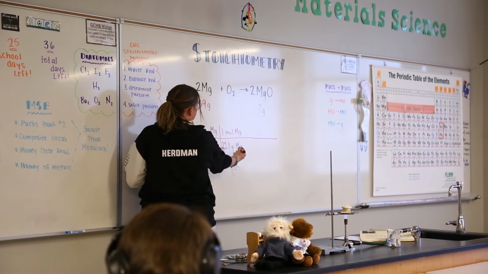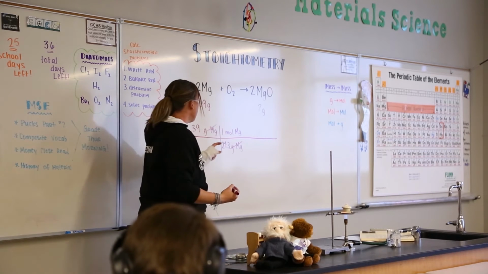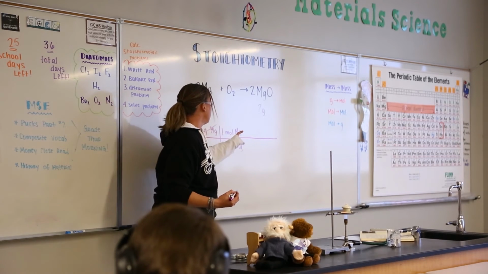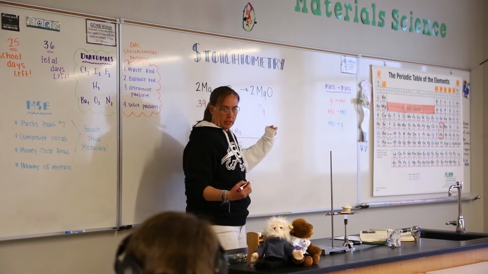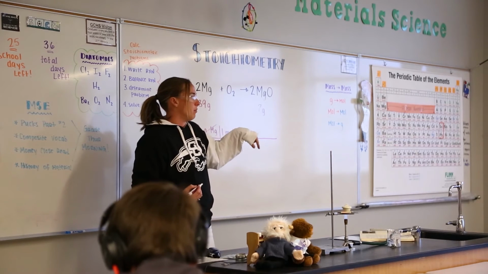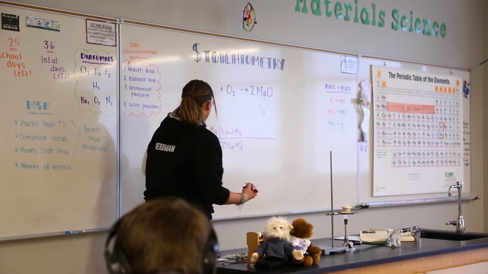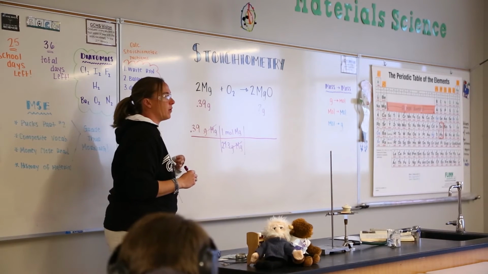Okay, and since we divide by our labels, these cancel out. Now we're in moles of magnesium. Is that the unit that we're asked for? No. So we have to switch from moles of magnesium to moles of magnesium oxide, right? So we want to get rid of moles of magnesium, so what are we going to do?